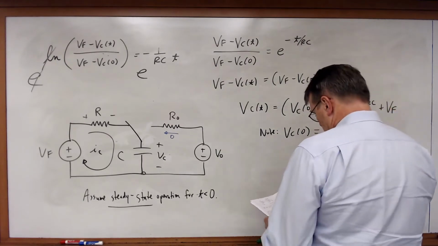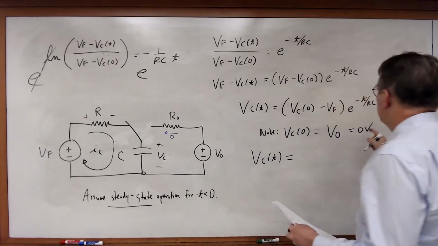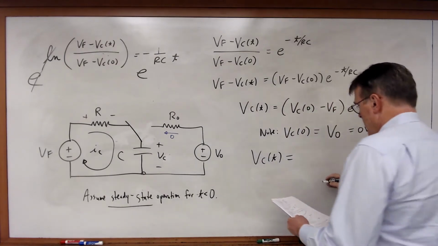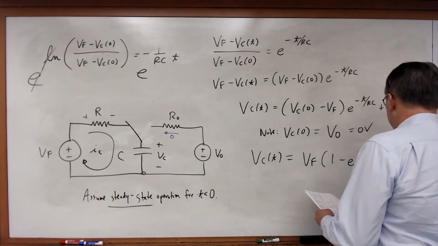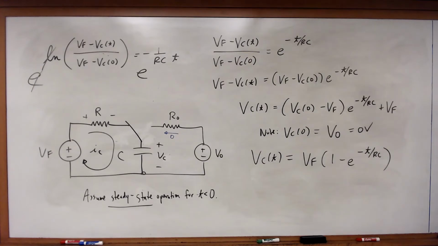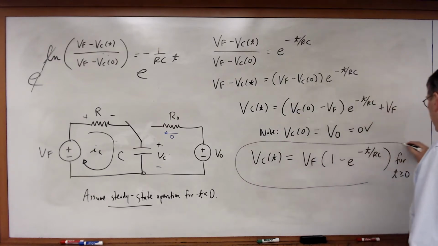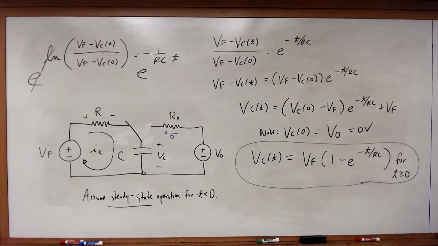And so therefore, in this case, Vc of t is just equal to Vf times 1 minus e to the minus t over Rc. And that's what we get for t greater than or equal to 0. This is our first order step or forced response.